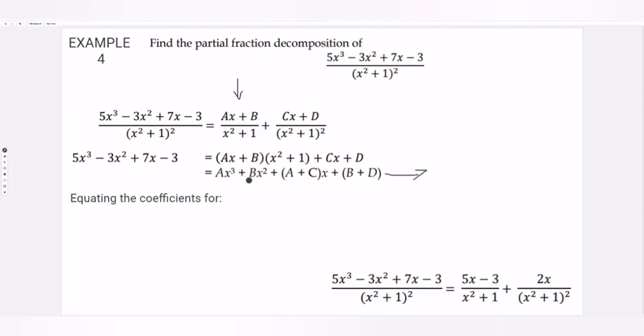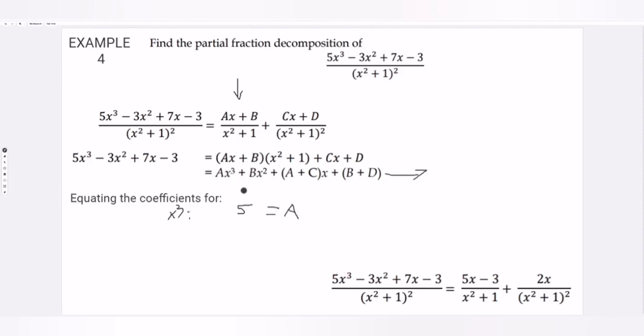So next step is now we are going to equate the coefficients. For x raised to 3, on the left side we have 5, equals, on the right side we have a.